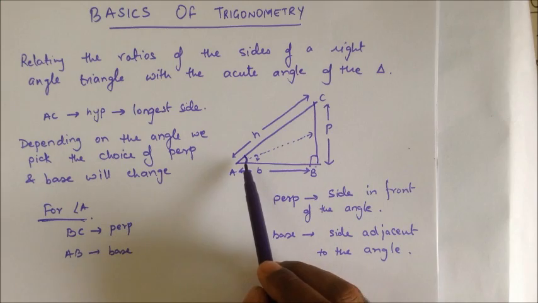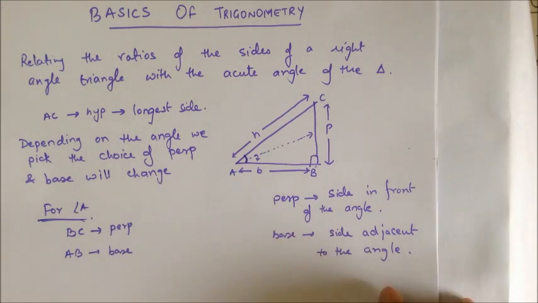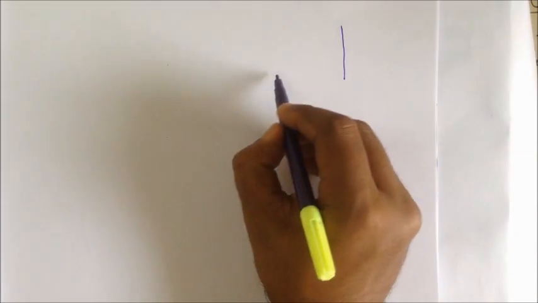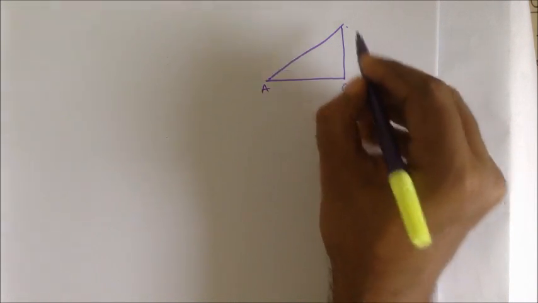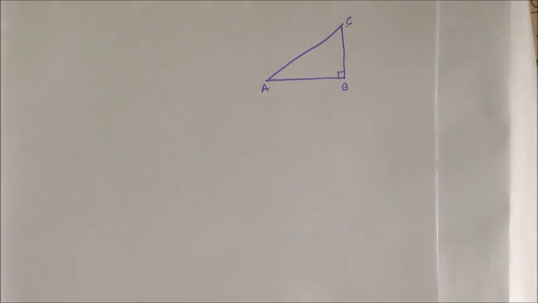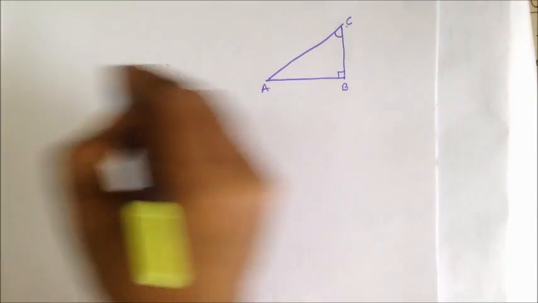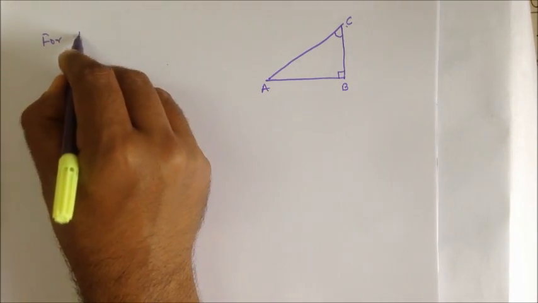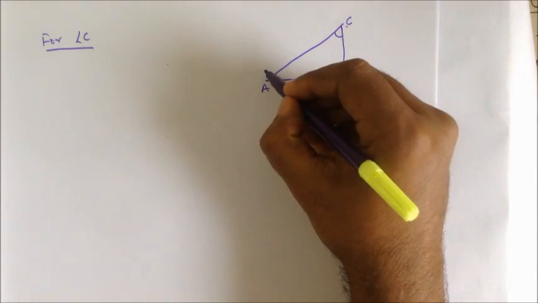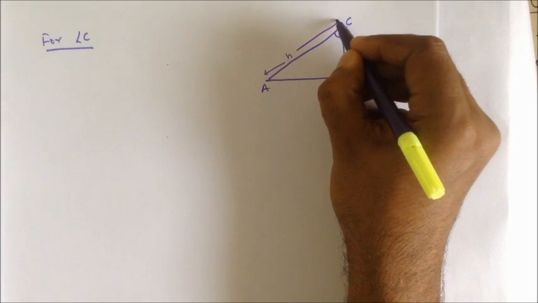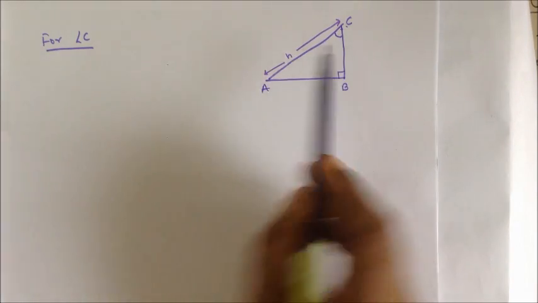So next I will be picking angle C. So if I draw the diagram once again, I will draw the triangle A, B, C once again, which is right angled at B. This time I would pick angle C. So I'll write for angle C. Now AC would automatically become the hypotenuse because it is the longest side.